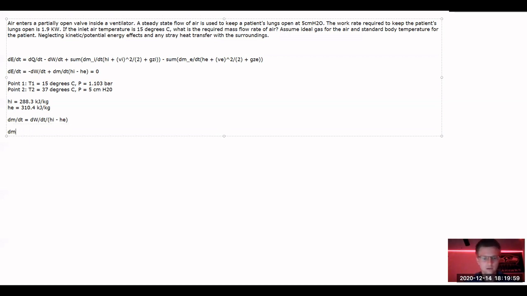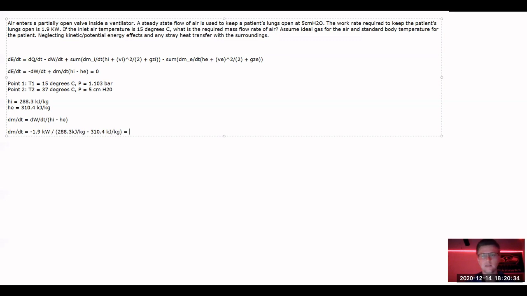So we have m dot equals, our work term is going to be negative because we are putting energy into our system. So we have negative 1.9 kilowatts divided by our difference in enthalpies, which we just found, 288.3 kilojoules per kilogram minus 310.4 kilojoules per kilogram.